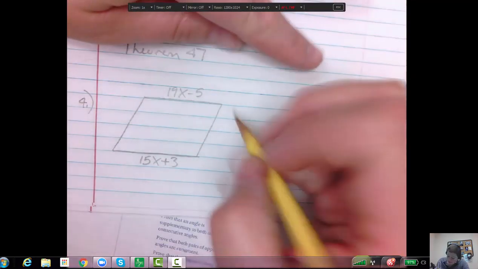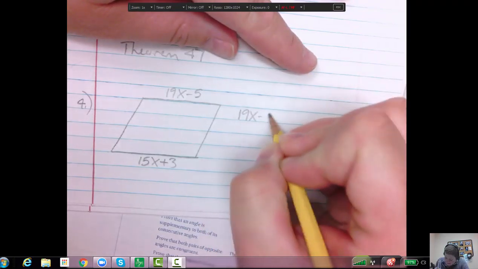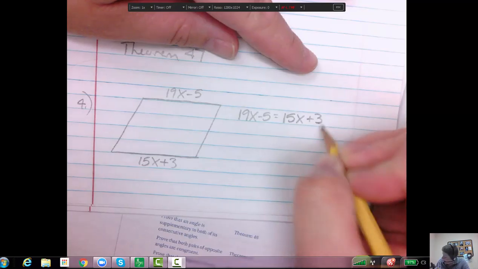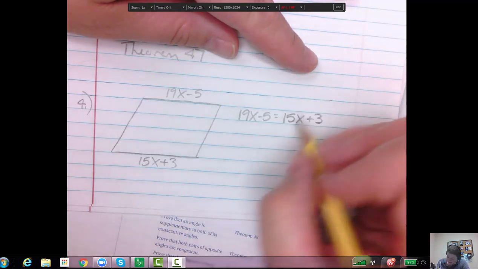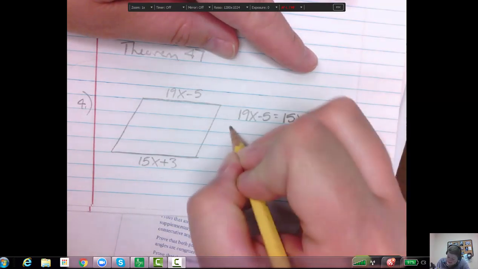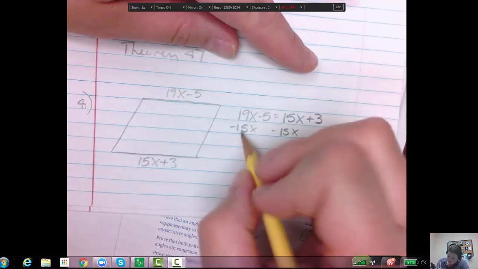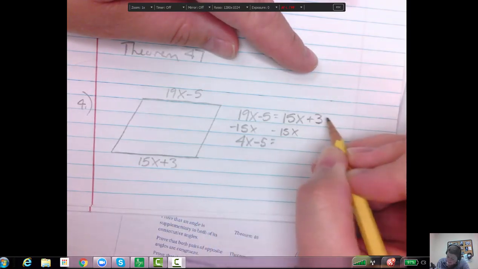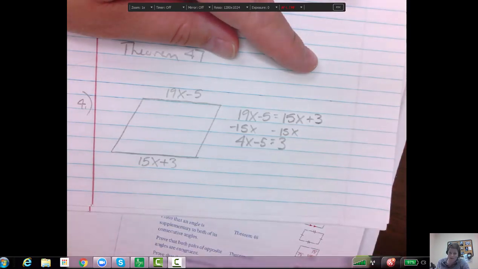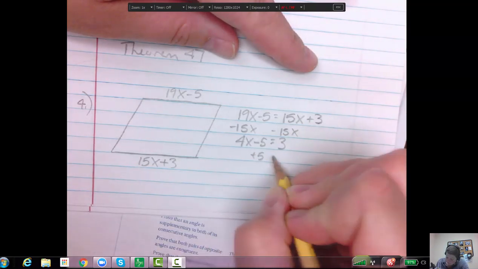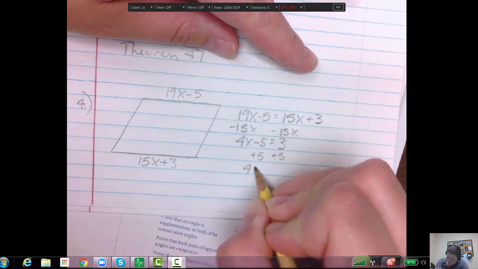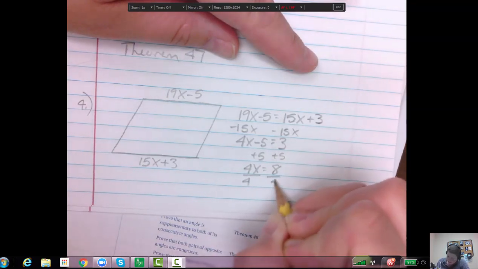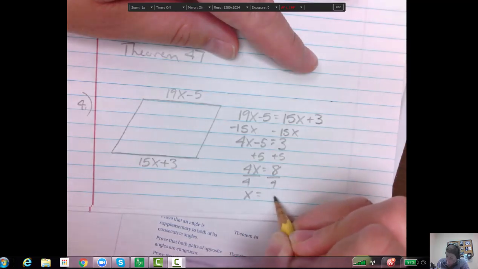So 19x minus 5 has to equal 15x plus 3. And then we can just solve that. Subtract the 15x from the 19x and you get 4x minus 5, equals 3. Now add your 5 over, and you're going to get 4x equals 8. Divide by 4, and x is 2.